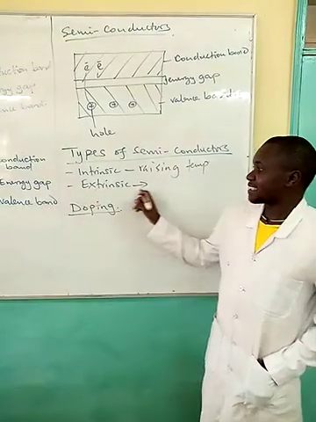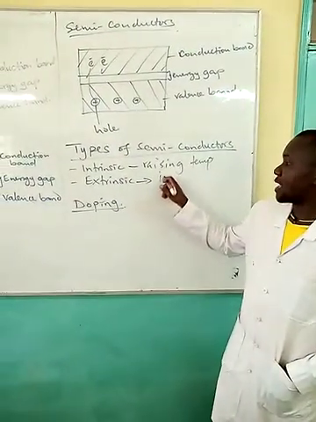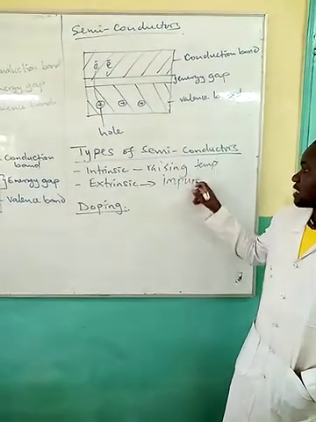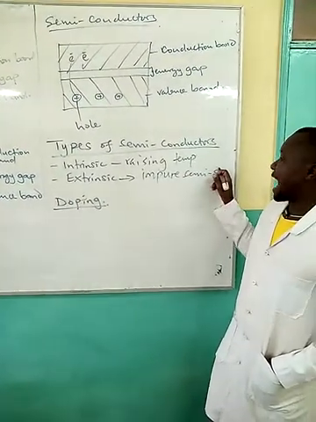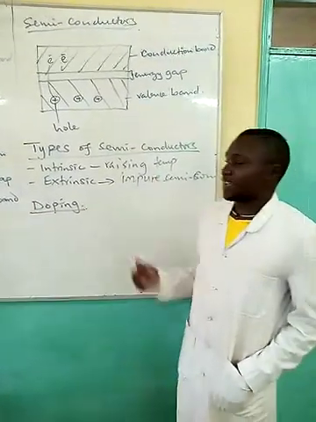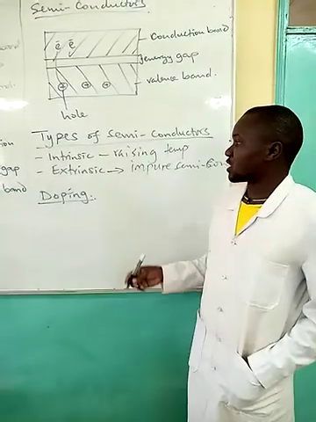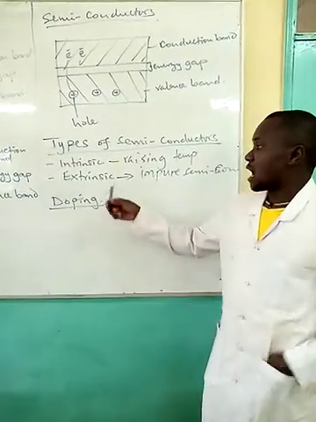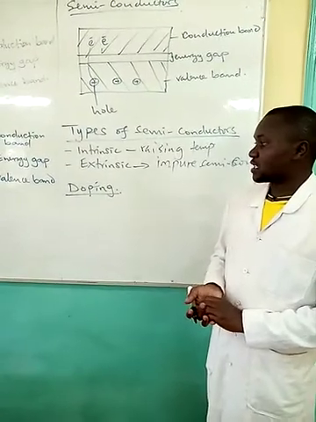Generally, extrinsic semiconductors are sometimes called impure semiconductors. They are impure because we add some other impurity to improve their electrical conductivity.